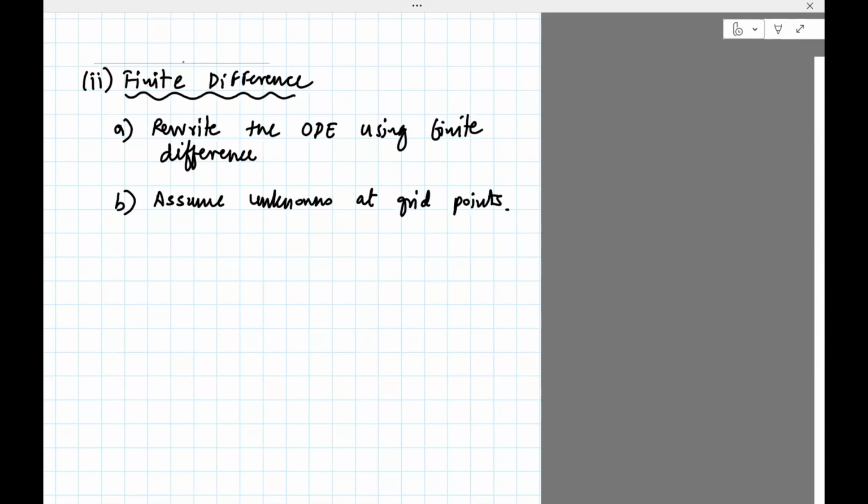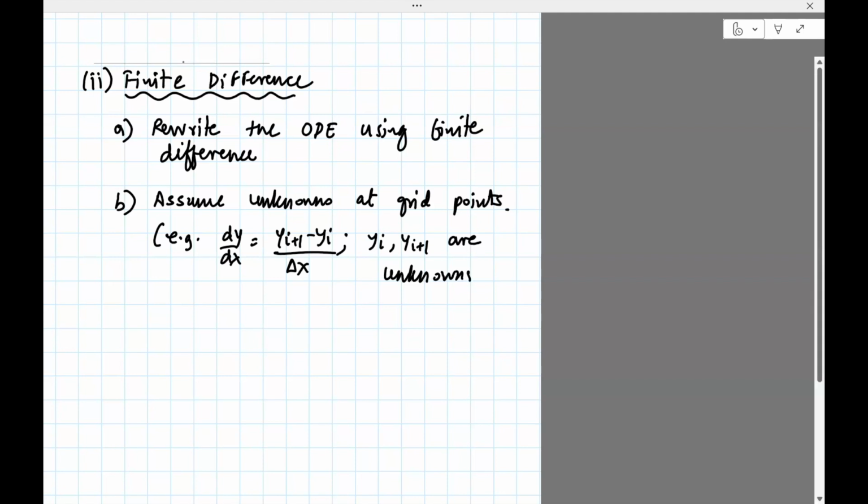You treat them as unknowns, something which you will solve for later on. This will probably look very odd right now, but once I solve it, trust me, you'll understand what I mean by step 2.